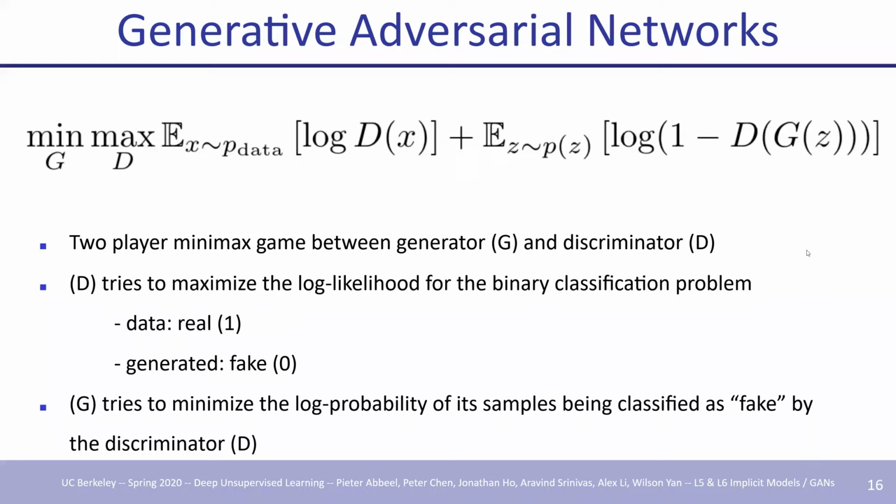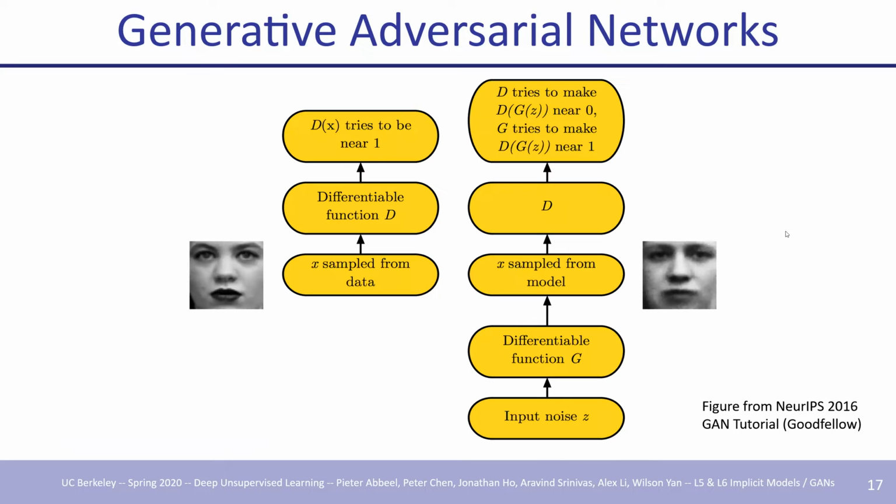Okay, so if you've seen GANs, this is probably an equation you've seen quite a bit. And pretty much this is the basic loss function that you'd put in PyTorch. Okay, so how would we do this in PyTorch?